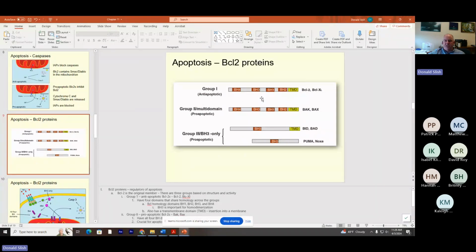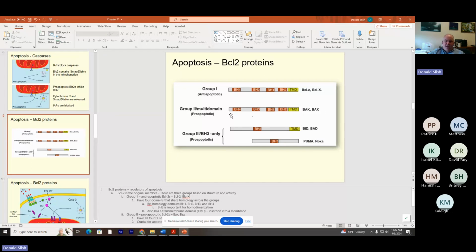The original BCL2, so we call this BCL2 homology 4, 3, 1, and 2. This one here is probably the most important one, BH3, because we're going to get that homotypic dimerization between these domains. That's going to be part of the mechanism that activates things.